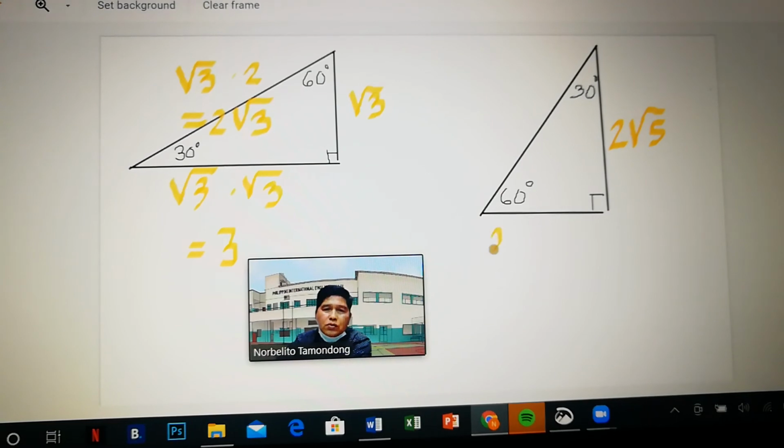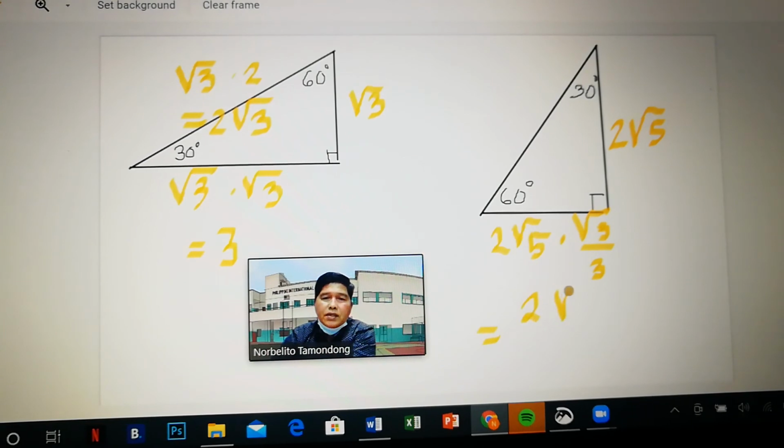So that is 2 square root of 5 given, multiply by square root of 3 over 3. So your answer becomes 2 square root of 15 over 3.